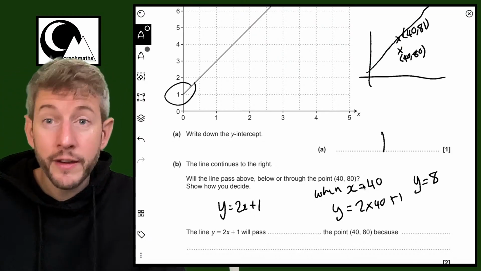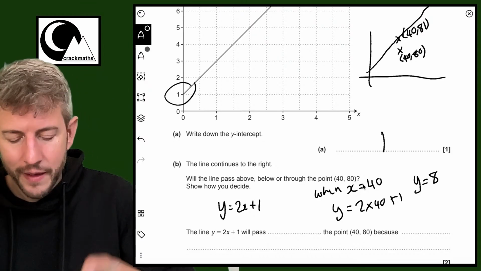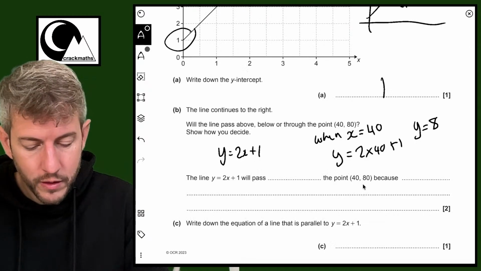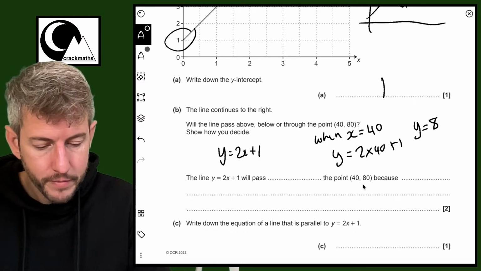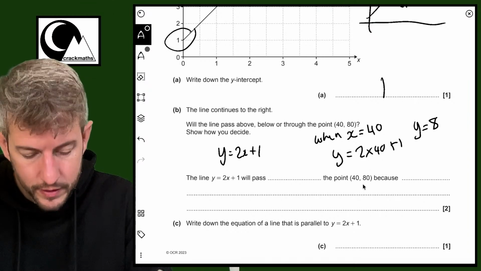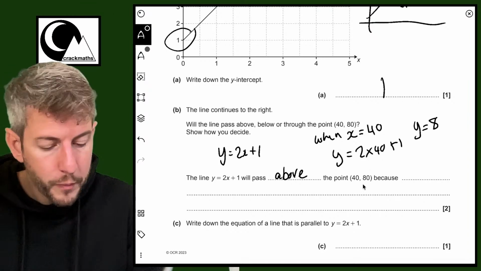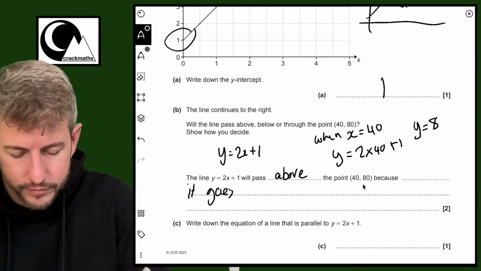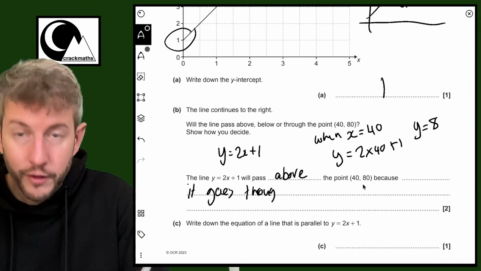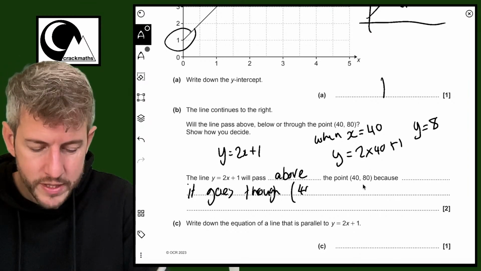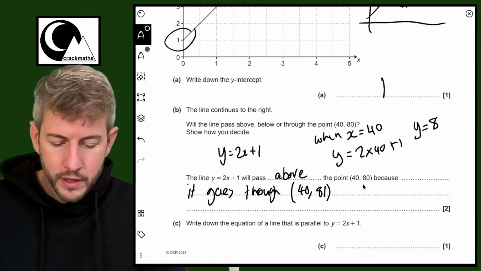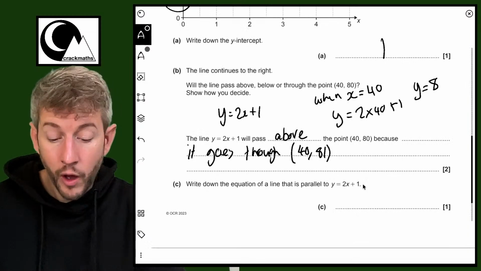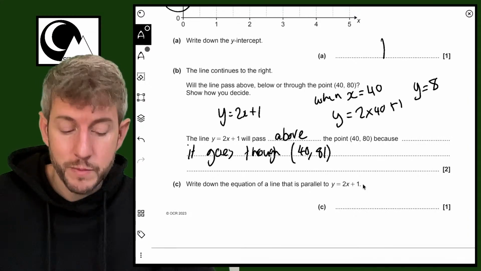So it looks to me like the line goes above the point. So the line y equals 2x plus 1 will pass above the point 40, 80 because it goes through point 40, 81.